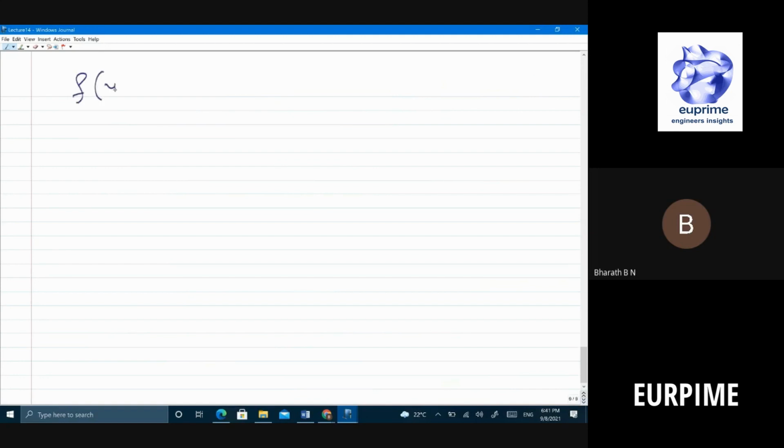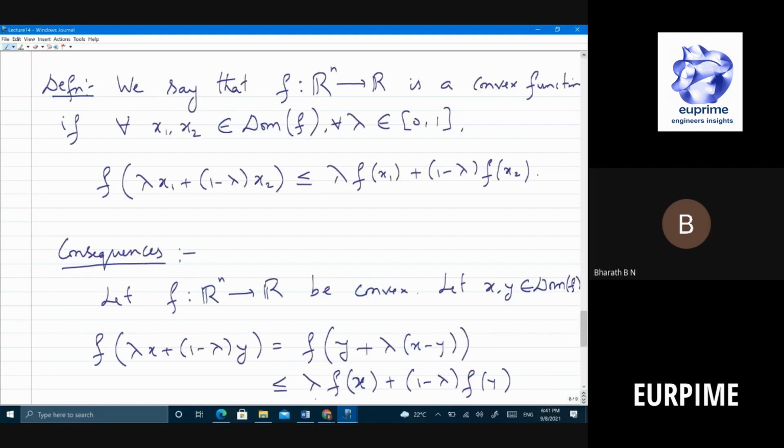F of y plus lambda times x minus y is less than, okay, I'll subtract f of y on both sides. This is less than or equal to, what do we have on the right hand side? Lambda f of x plus one minus lambda f of y.